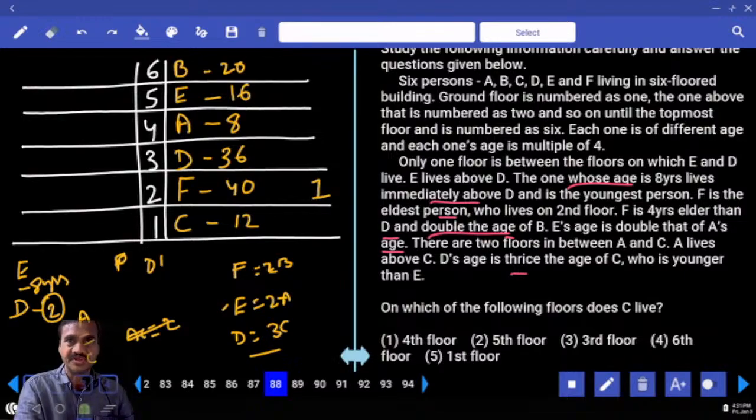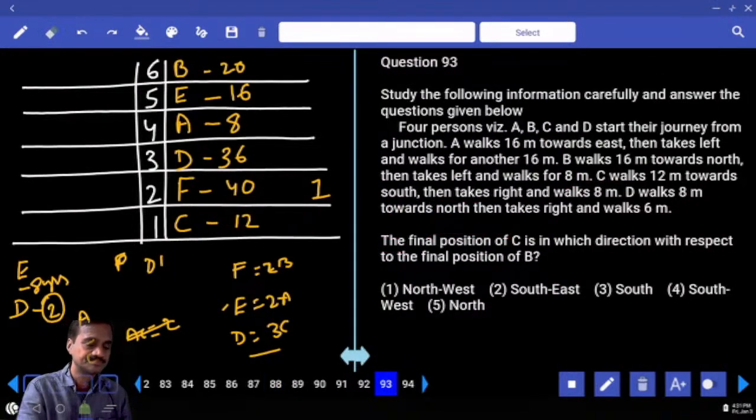Now this is about 88 to 92. Then next one, 93 to 95. Have you done 93 to 95? 93 to 95 comes under directions.